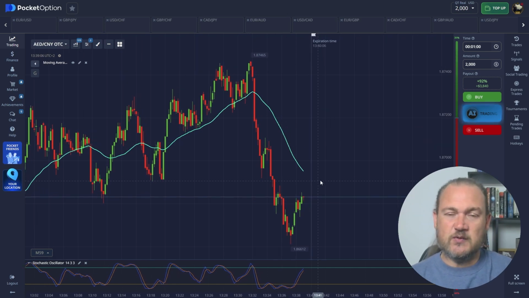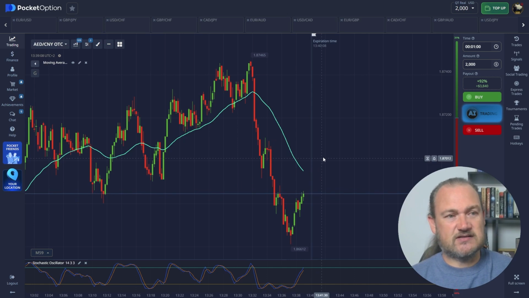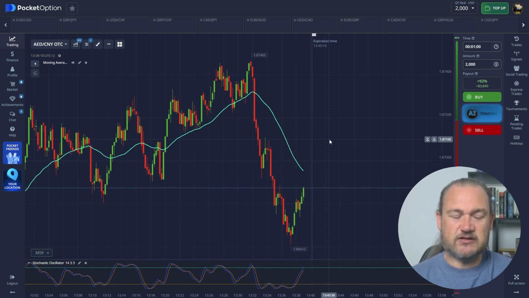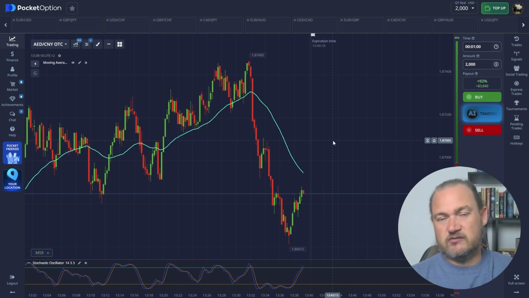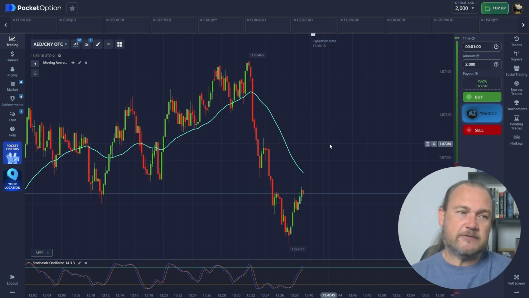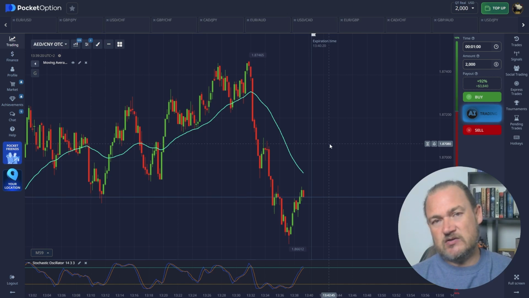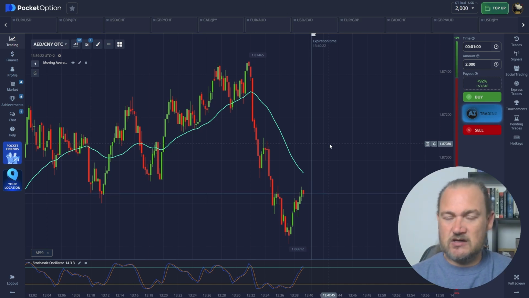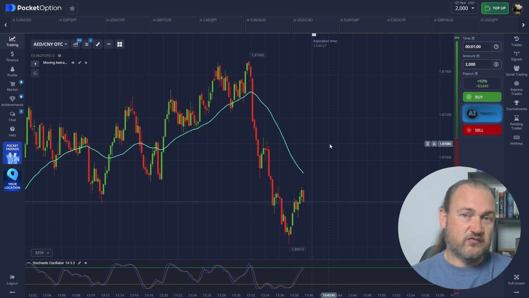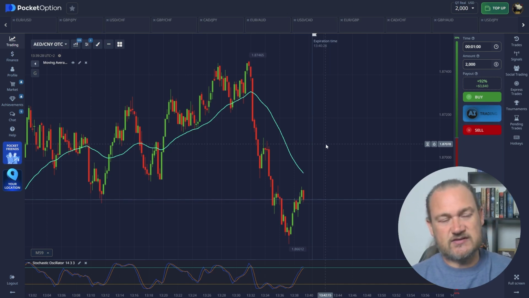So here's something a lot of people misunderstand about the stochastic oscillator, especially new traders. Most new traders, and for that matter, most traders, will tell you that the stochastic oscillator indicates reversal areas when it goes into overbought and reversal areas when it goes into oversold, and that's the way that most people use it.